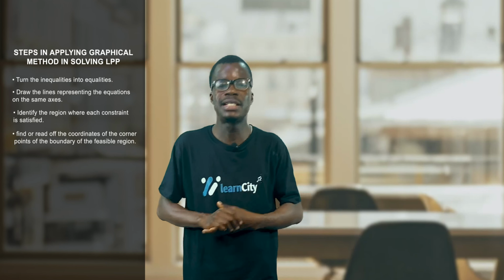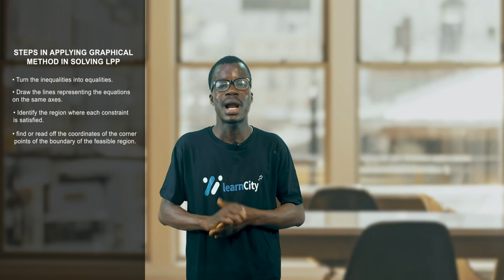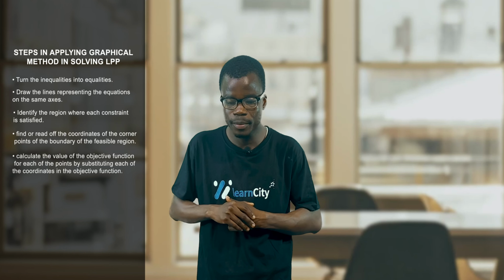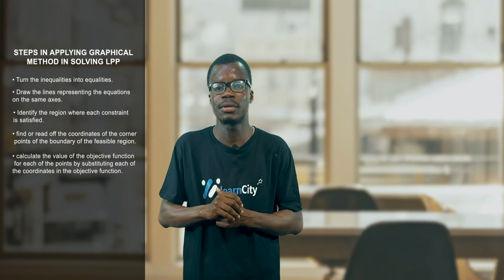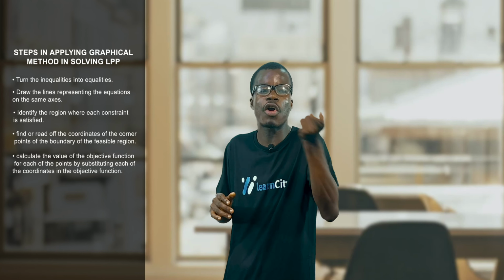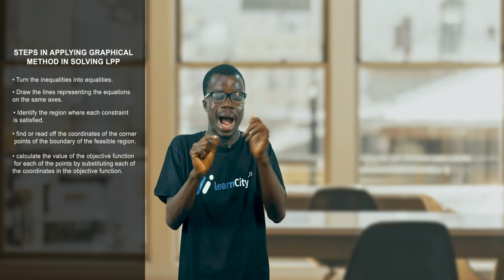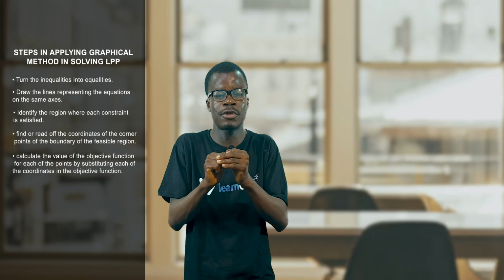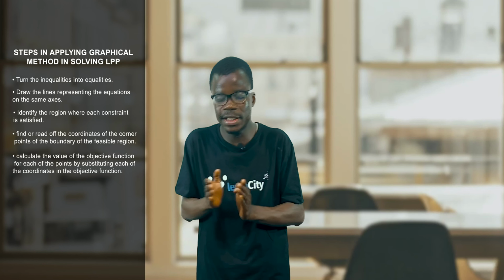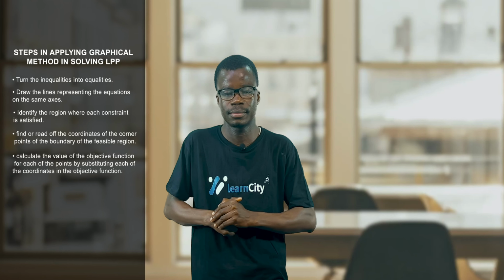Read out these coordinates. Then the next step, calculate the value of the objective function for each of the points by substituting each of the coordinates in the objective function. So each of the coordinates you've actually read out, either for A, for B, for C, or for D, substitute them inside the objective function.